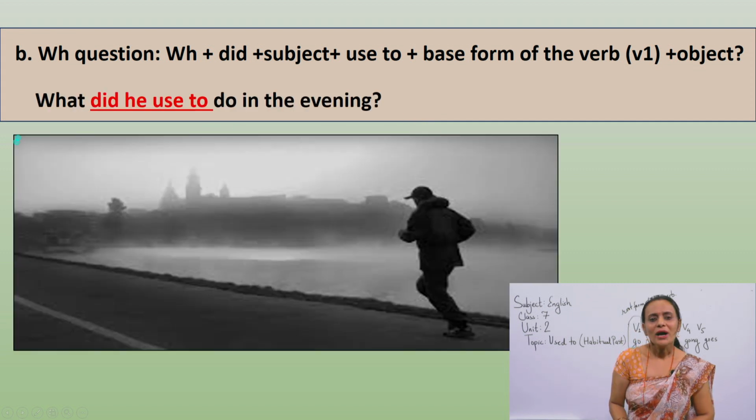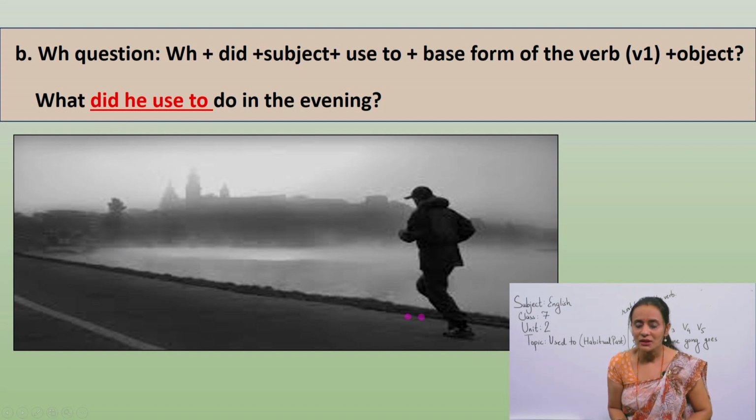Now see here, what did he used to do in the evening? What is the man doing here in the evening? What did he used to do in the evening? All of the structure is applied here. The WH word is here, we have did also, he is the subject, used to, and do is the base form of the verb.